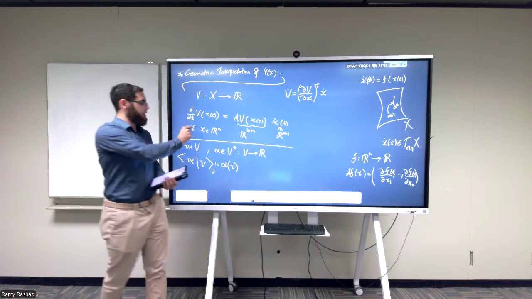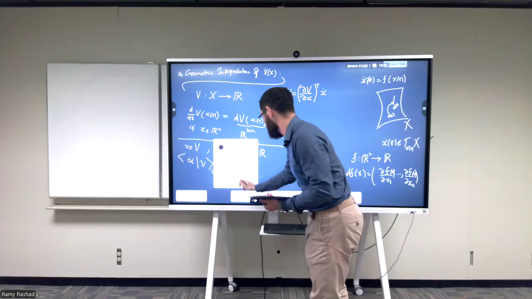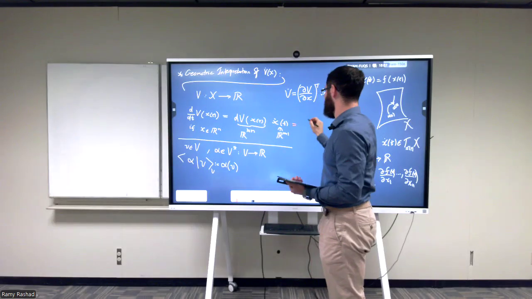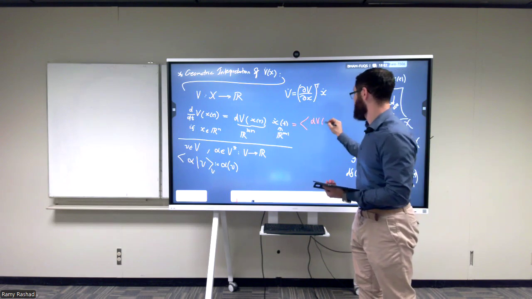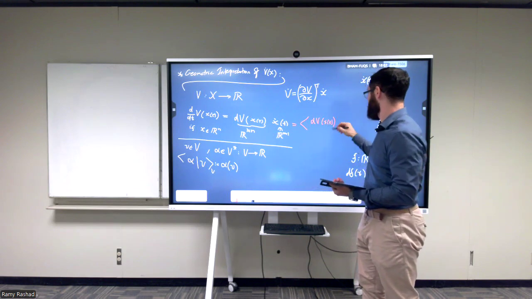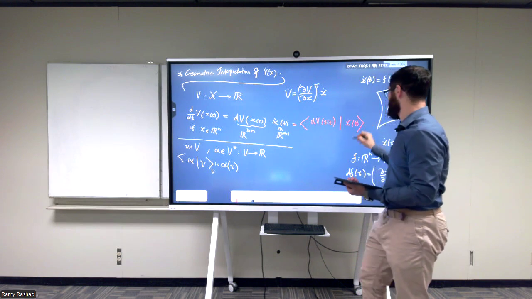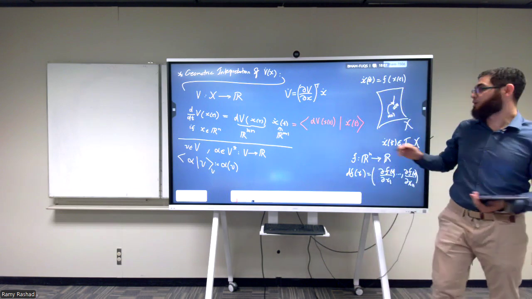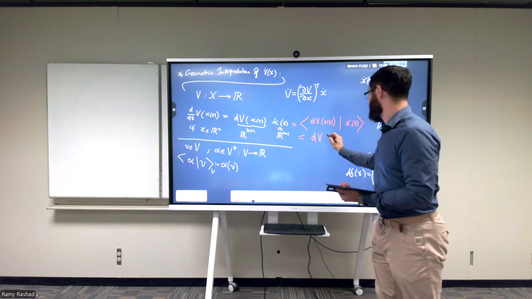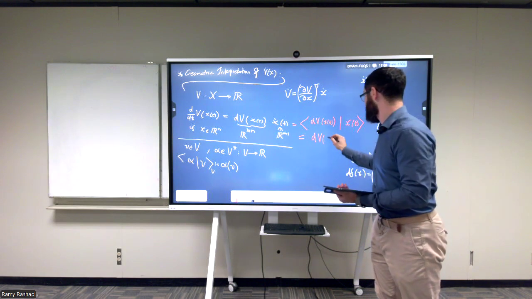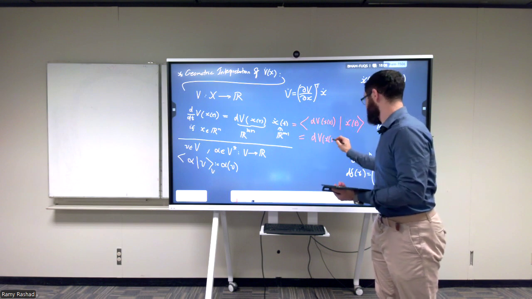So this is only if x lives in Rn. In the general case, the geometric picture, we have that this is actually a pairing between the covector dV at x of t, paired with x dot of t, which is again defined as dV at x of t applied to x dot of t.